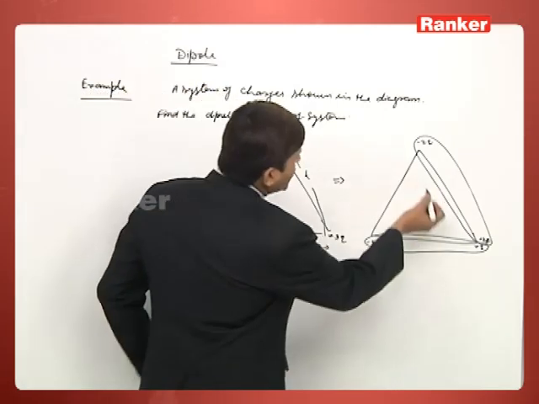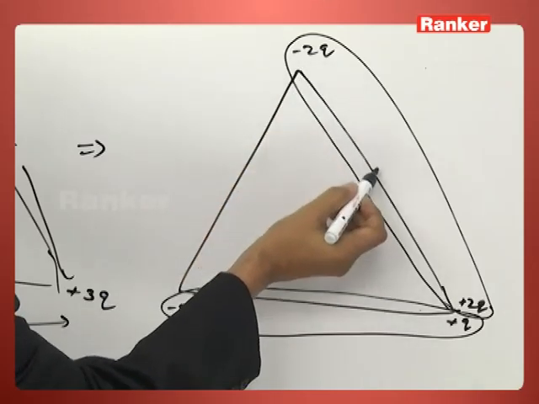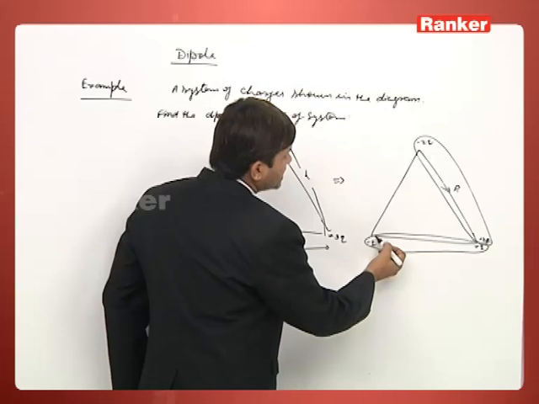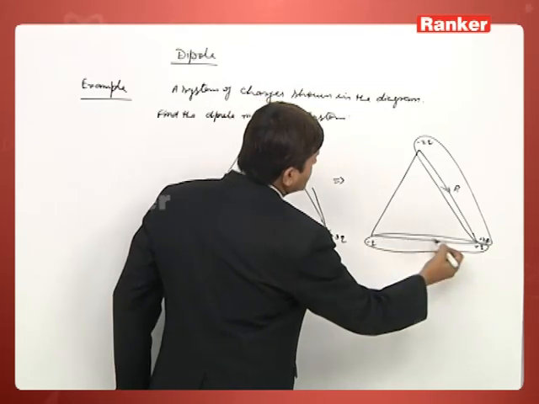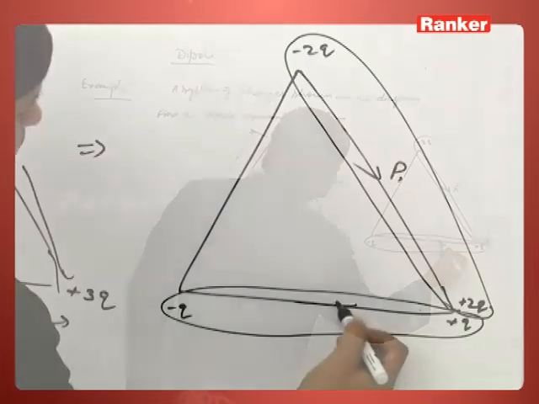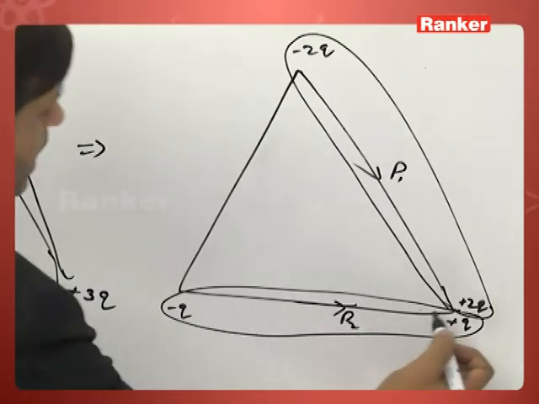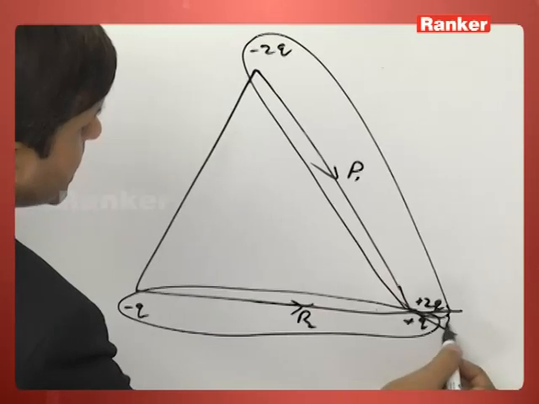So this is one dipole, and its dipole moment direction is from negative charge to positive charge, let it be P1. This is another dipole from negative charge to positive charge on this side, that's P2. And these P1 and P2 make an angle of 60 degrees.